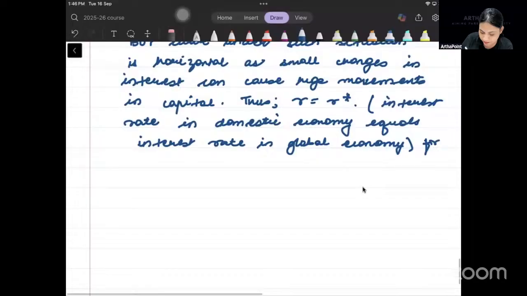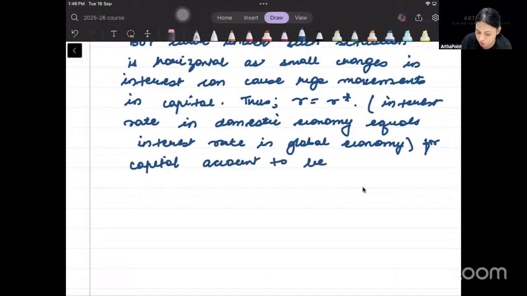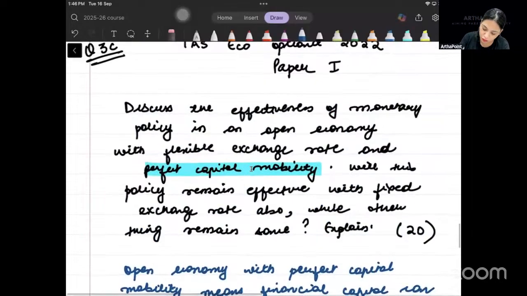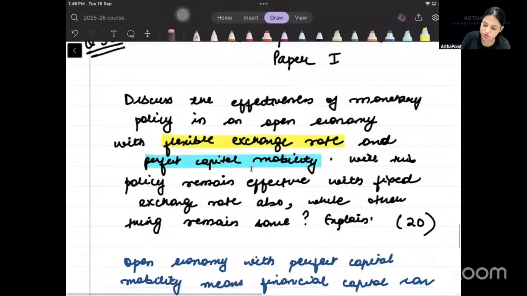for capital account to be in equilibrium. Is it clear? We have explained how the BP curve looks. Now we want to move on to flexible exchange rate.